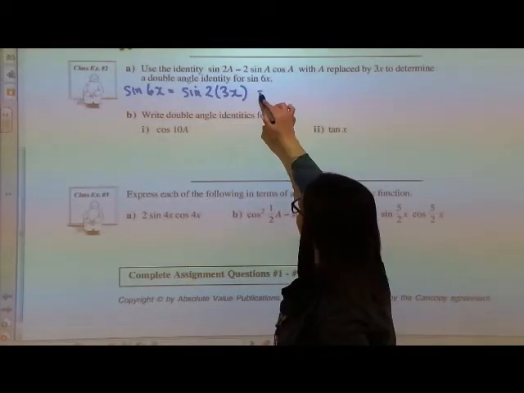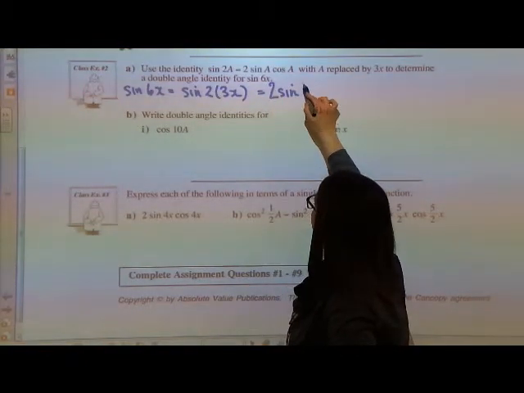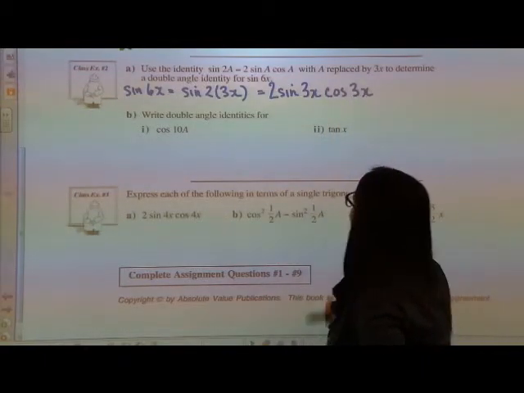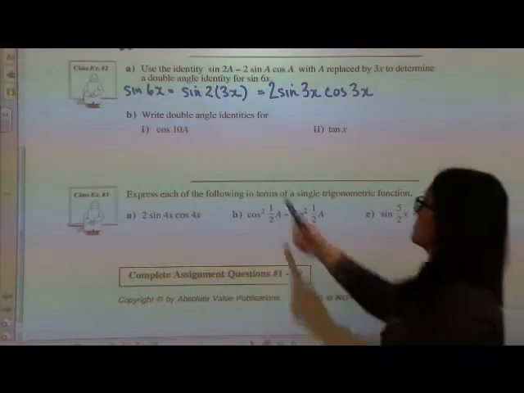And sine 2a is 2 sine a cos a, but my a's this time are 3x. So I get 2 sine 3x cos 3x.